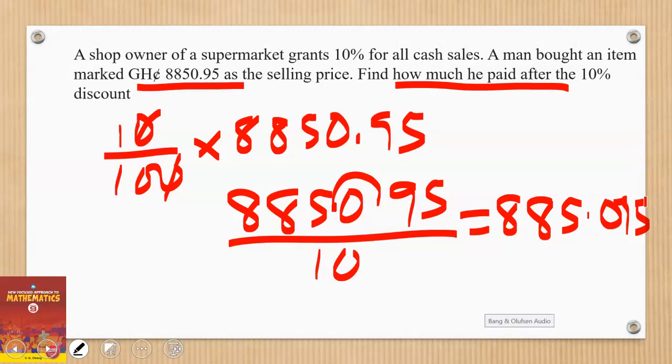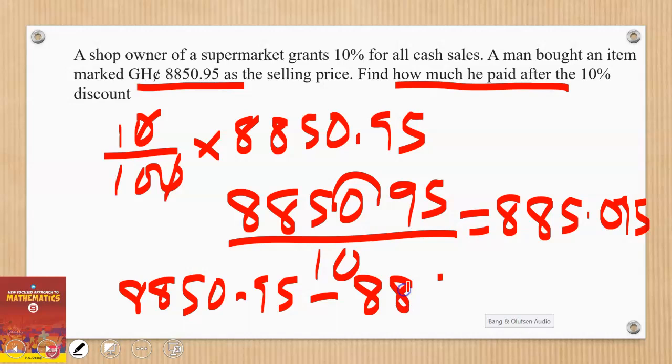So this is the amount that the owner is going to give free to the customer who purchased any item using cash. So how much would the person pay? We are going to have it as 8850.95 minus 885.095. So when we subtract 885 from the 8,850, then we can get our answer.